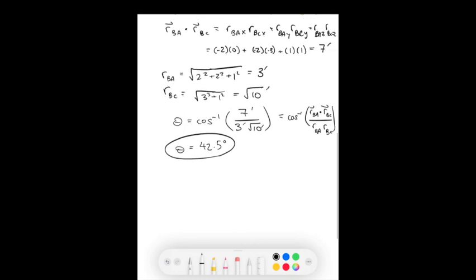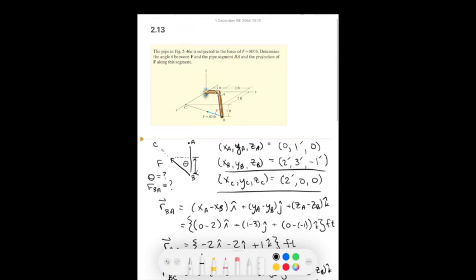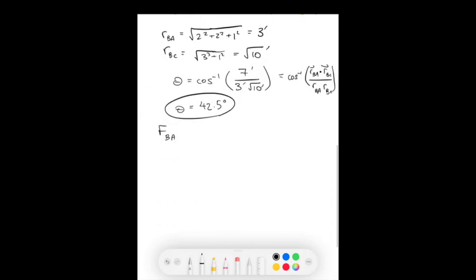Now the other question was, what is the projection of that force F onto the pipe, onto the line BA? Now, by definition, what we can do is we can take the dot product of that force F times the unit vector along the line BA.